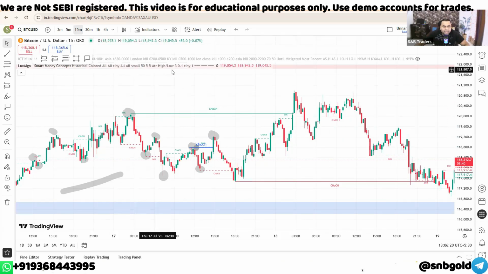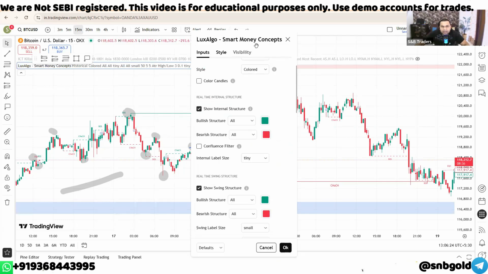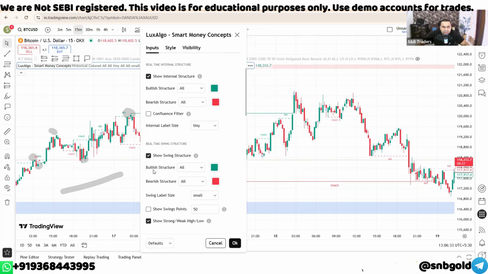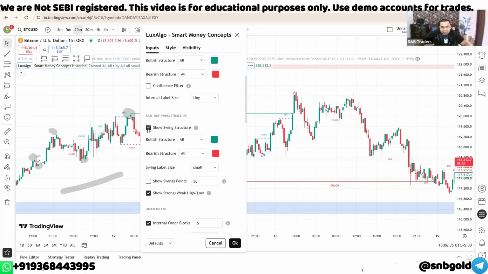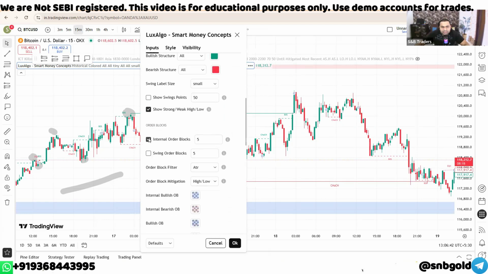So let me just show you quickly the settings. Go in there. Now, do you see internal structure? Make sure that you tick that. Swing structure, yes, you need that. Then you don't need this, you just uncheck internal order blocks.